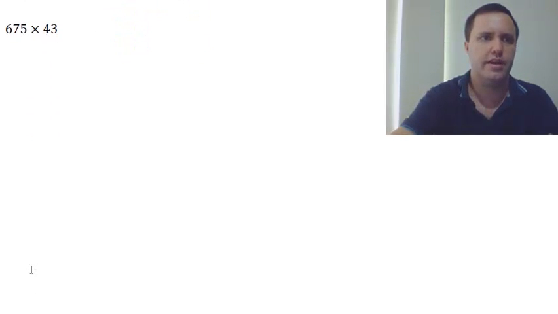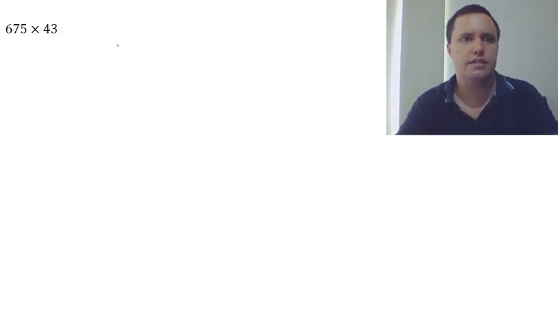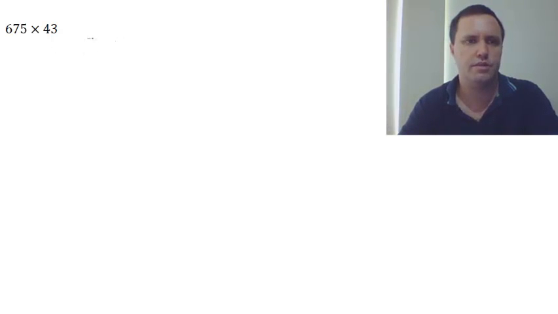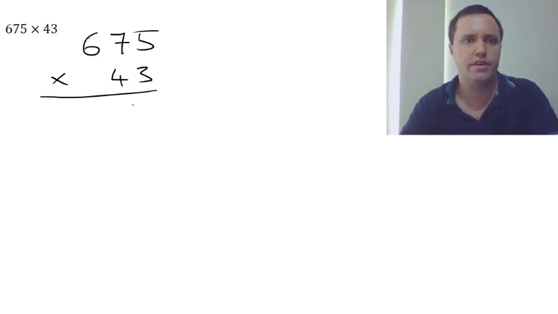Alright, similarly, when we get to much larger multiplications for us to carry out, like this one here, things change a little bit, not by too much. Again, we write it 675 times 43, put our place values lined up. Again, we go through with this 3 and multiply it against all these different place values. 3 times 5 is 15, 3 times 7 is 21, plus another 1 is 22, 6 times 3 is 18, plus 2 is 20.